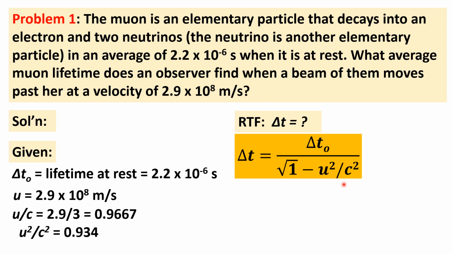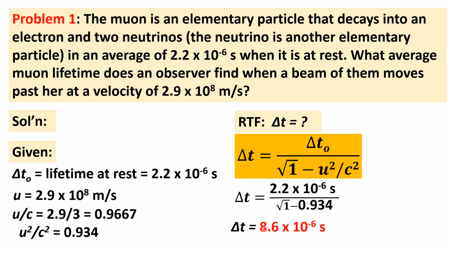Since we already have determined the term u squared over c squared, which is 0.934, we just plug in delta t naught, which is 2.2 times 10 to the negative 6 second, divided by the square root of 1 minus 0.934, and we get as our answer delta t equal to 8.6 times 10 to the negative 6 seconds, which, as expected, is a lot greater compared to the value of delta t naught.